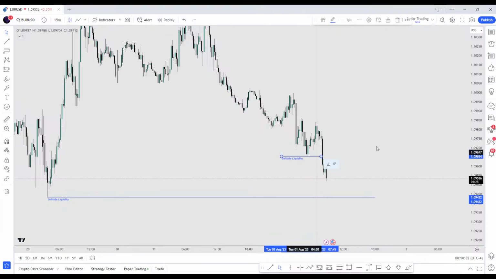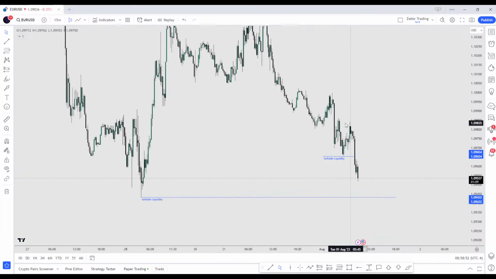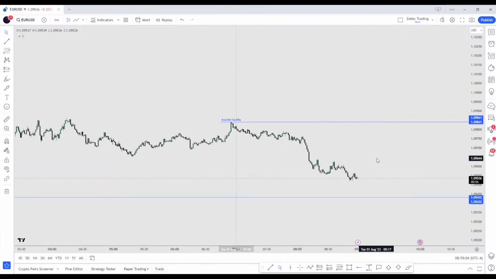So we have sell side liquidity below here, even below this low, but I would say it is below here and here. So he did take some partial liquidity, but the best liquidity for me is either this high. Since we're really bearish, I would like to see this high as buy side liquidity, and then this low is sell side liquidity.